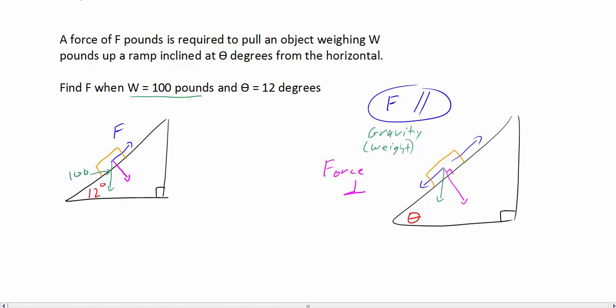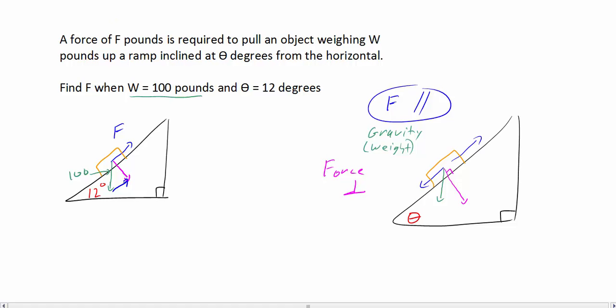Now, what I'm going to do is we have this force F is what we're looking for. We can actually move that force down here. Remember we talked about moving vectors before, so all we're going to do is move this vector. Notice it has the same magnitude and it has the same direction. I'm just moving it down here so that we now have our triangle.